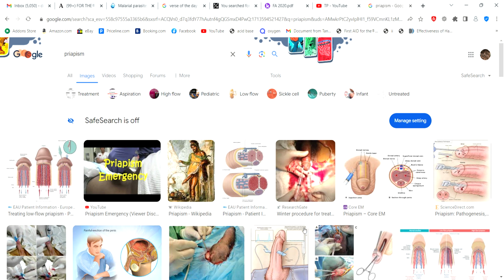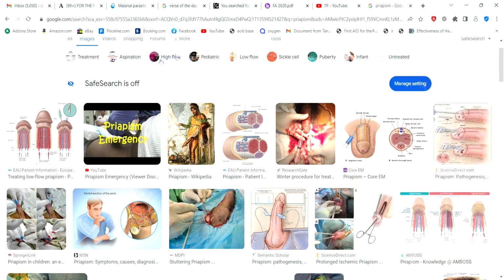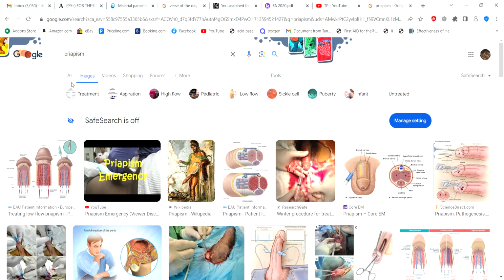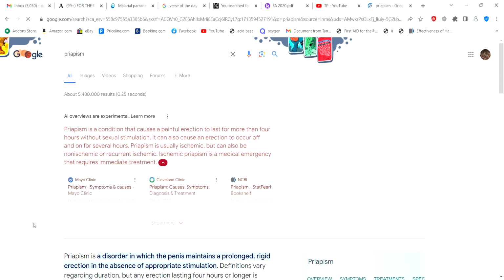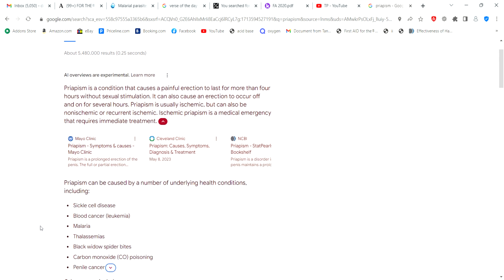So basically, the penis fills with blood, and then it can't come back down, and you have to surgically fix it. And this is a side effect of trazodone. Priapism can cause ischemia.